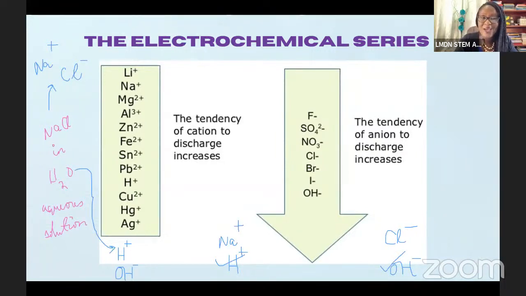If we have concentrated sodium chloride, that means we have a lot of sodium ions and a lot of chloride ions. And so whereas in this case the sodium ion and the chloride ion lost out, it might not be the case if you have a concentrated solution of sodium chloride, right? In that case, the concentration would trump the position of the ion, and that's what you'd pay attention to. So just keep that in mind.